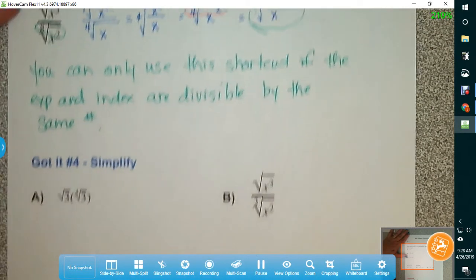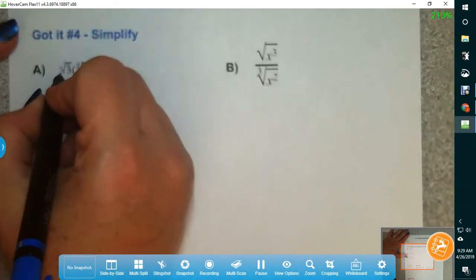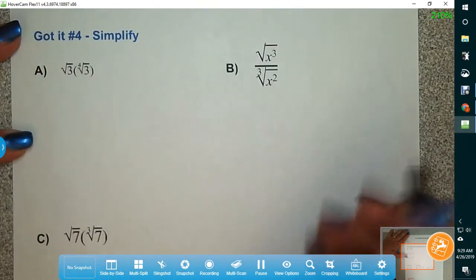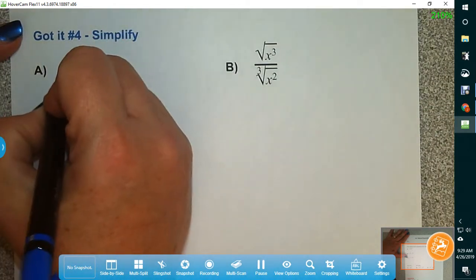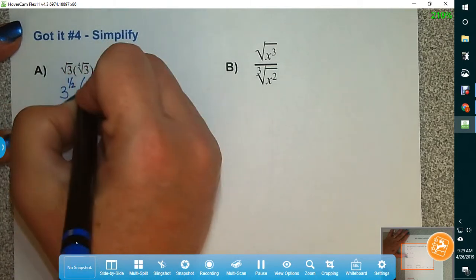All right, so let's do a couple of these. Okay, some of them are multiply, some of them are divide, but they have different indexes, so we cannot work with them in radical form. So for this one, I have a square root and a fourth root. Nothing simplifies, so let's change both of those to exponent form.